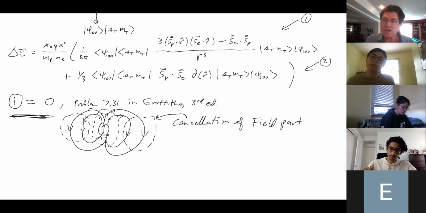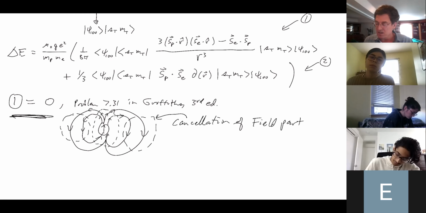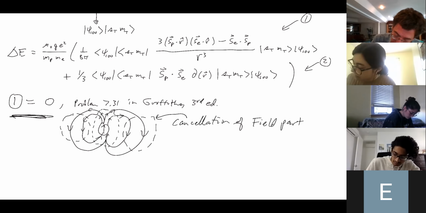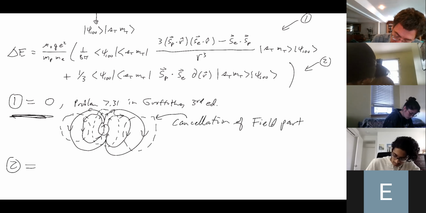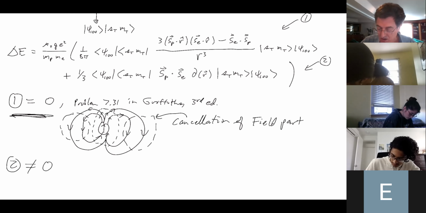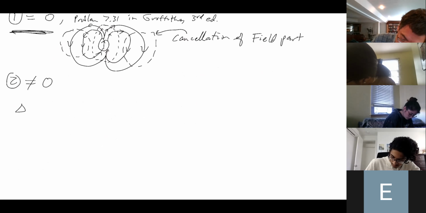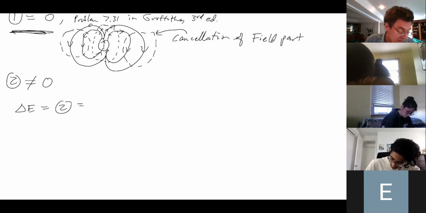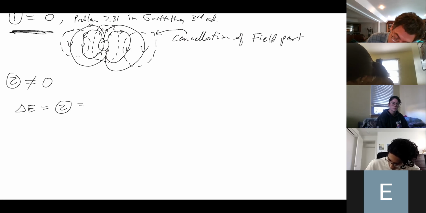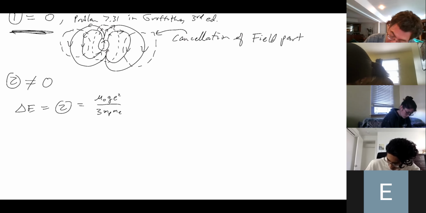But at the center, I only have up at the center. And so this second term represents the center part and it does not equal 0. So that means that delta E is equal to the second term, okay? So I have to calculate the second term, and to calculate the second term, what we have is mu naught g e squared over 3 m_p m_e.